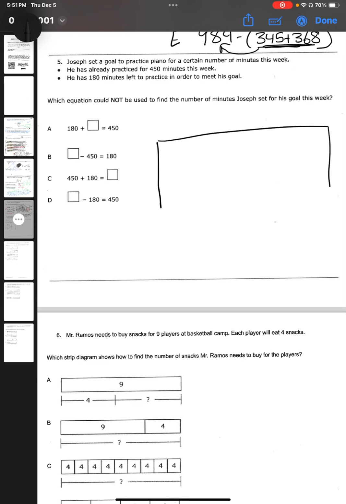So we're going to start out with that addition and subtraction strip diagram, and in the top is our total. The total is going to be the number of minutes he wants to practice. Well, we don't know what it is. It just said a certain number of minutes, so we're going to have to represent that with a question mark. Our parts are going to be what he's already practiced and what he still needs to practice.